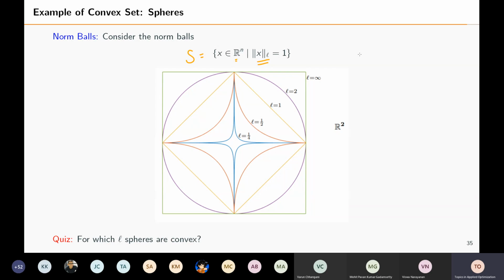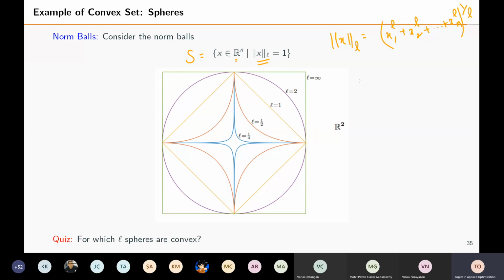In case someone did not define this for you in linear algebra, I can define the L norm as follows: x1 to the power L plus x2 to the power L, and so on up to xn to the power L, for n dimensions, and then you take the 1 by L, the Lth root.